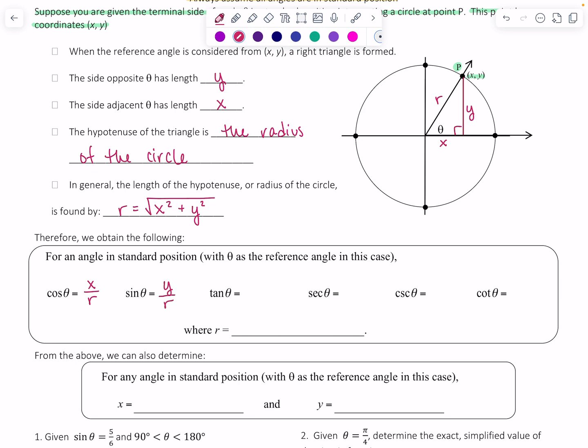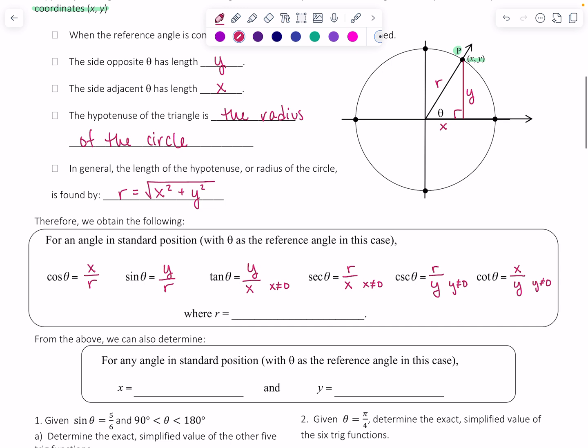Tangent is y over x, but we have to be careful that x does not equal 0. Secant of theta is r over x, and again, x cannot be 0. Cosecant is r over y, where y cannot be 0. And cotangent theta is x over y, where once again y cannot be 0.